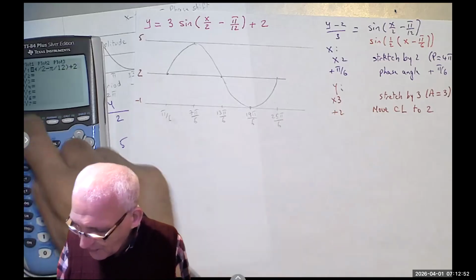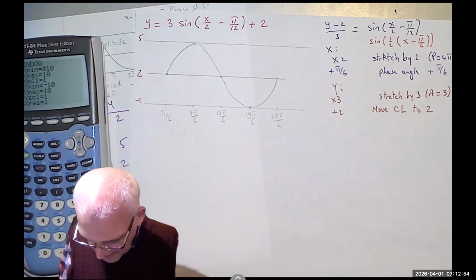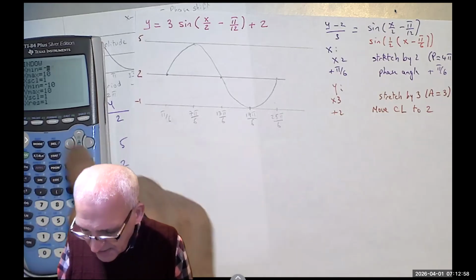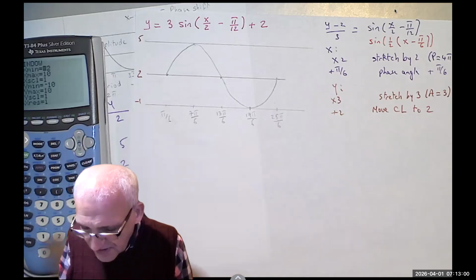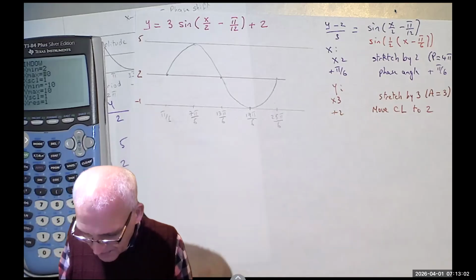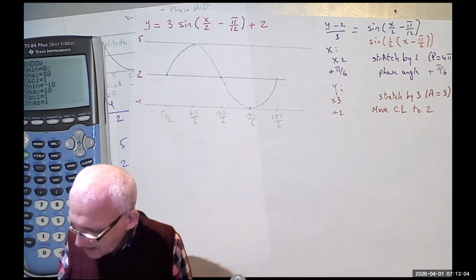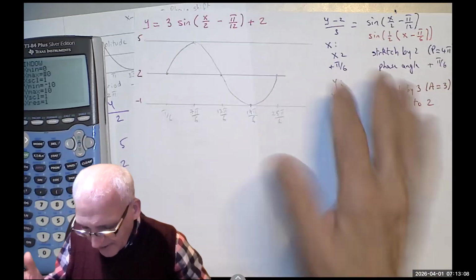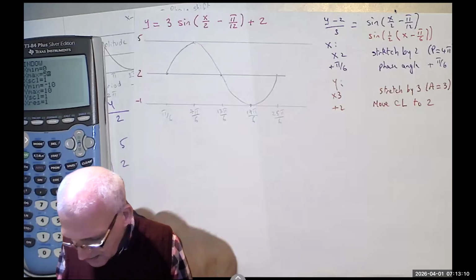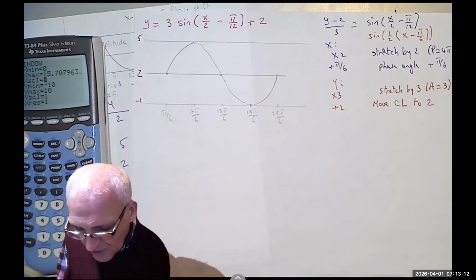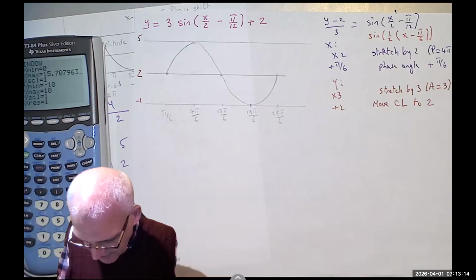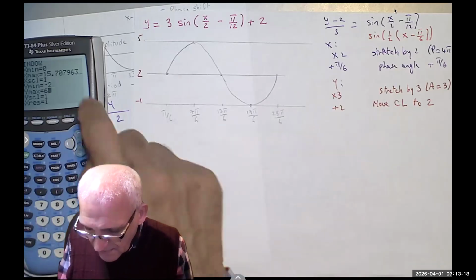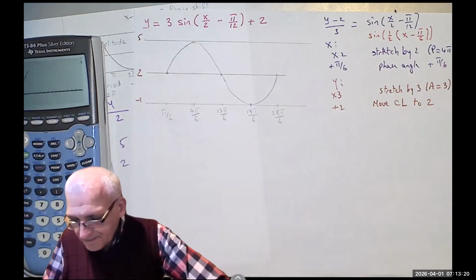And then for the window, let's start from 0 and go to, say, 5 pi. And then for the y, I need to go from, say, -2 to 6. And then graph it.